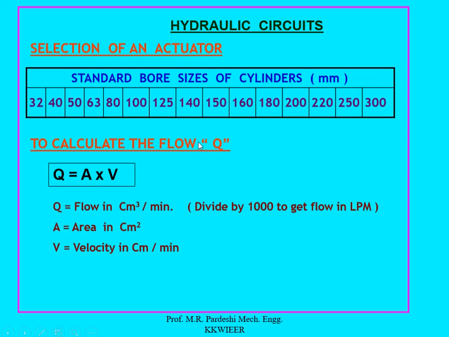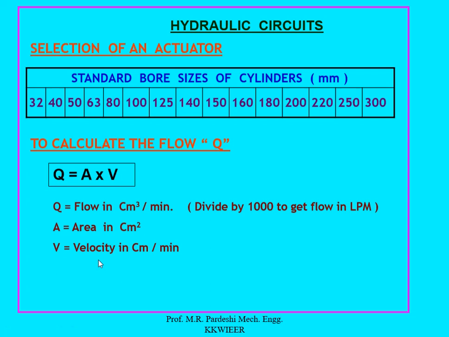As we have selected the actuator from the catalog, again we need to check the Q, or the flow rate, of the pump, whether that pump delivers that flow rate or not, where A is the area of the cylinder and V is the velocity in centimeter per minute. So again that pump has to be selected from the catalog.